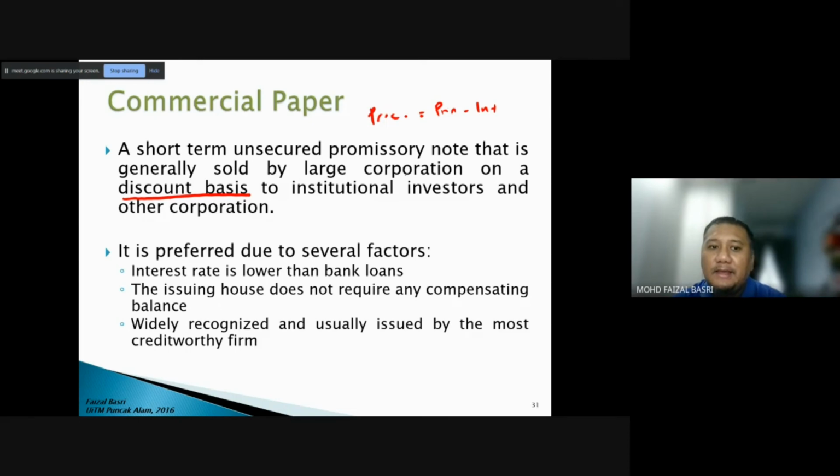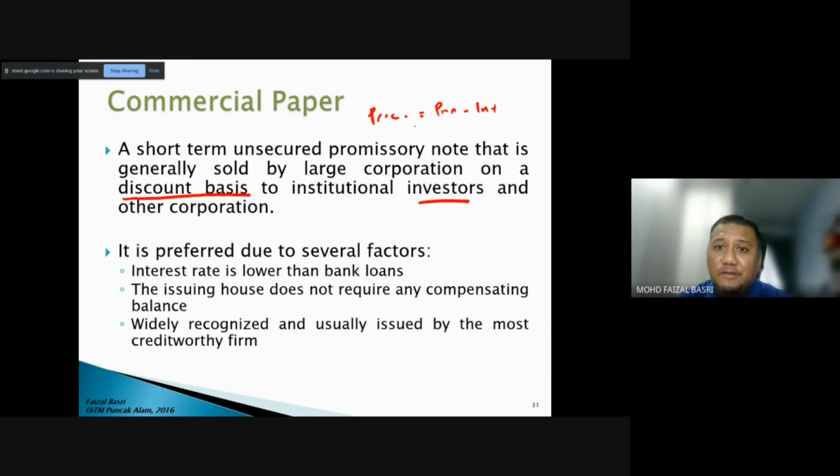And for this part, as you recall earlier, the commercial paper, the funds are derived from investors. It comes from investors. But although we don't borrow from the bank in this case, most of the time we are going to use the bank as our agent or as our broker.